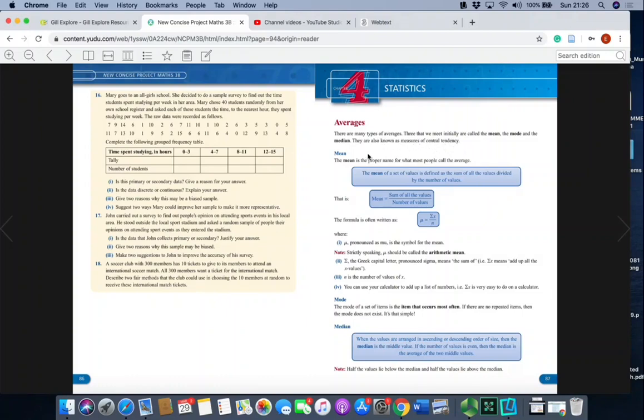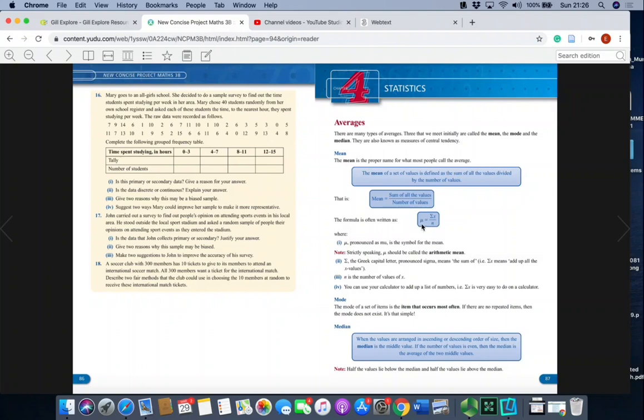The first one is the mean. It is a fancier word for average. So the mean of a set of values is defined as the sum of all the values divided by the number of values. So in other words, add up all of the numbers and divide it by the number of numbers. In maths language, mean is often called mu.